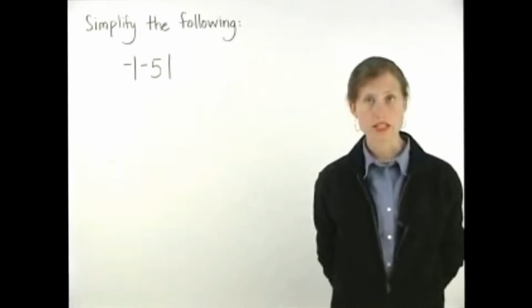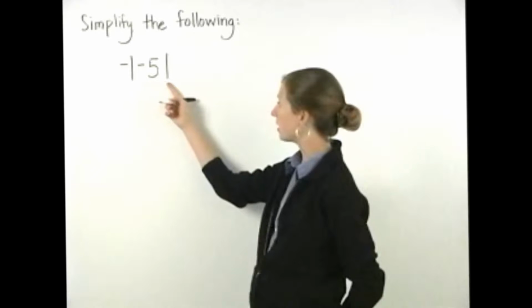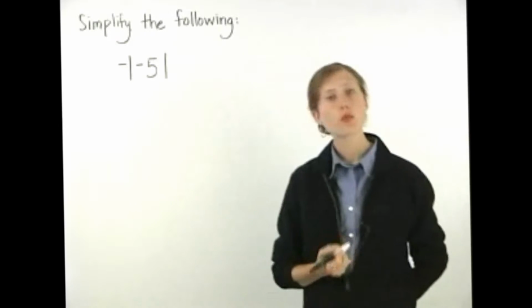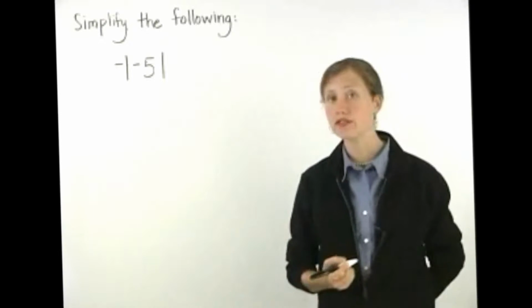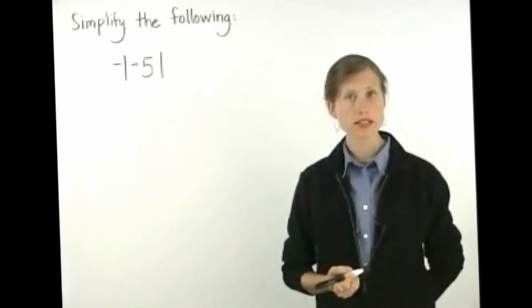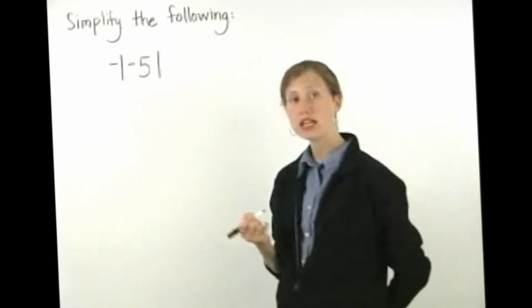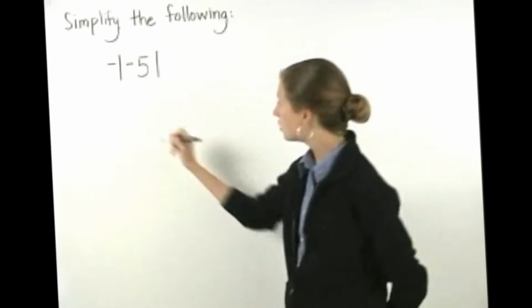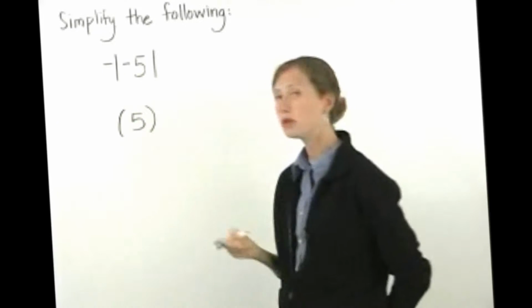To simplify in this problem, first simplify the absolute value of -5. Remember that the absolute value of any positive or negative integer is always positive. So the absolute value of -5 is +5. So we write +5 in parentheses below.